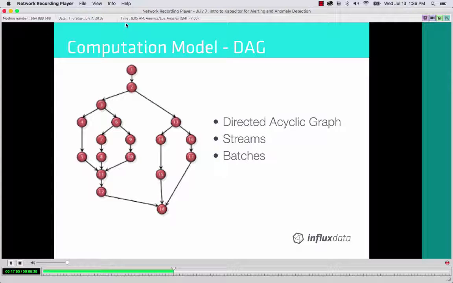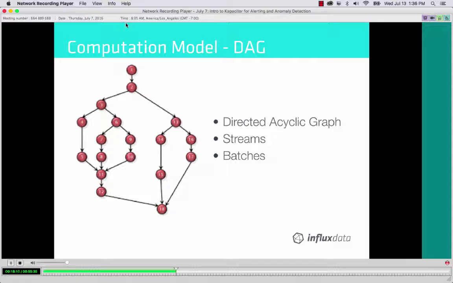As I noted earlier, the Kapacitor computational model is a DAG, which is a directed acyclic graph. If you look at this image that I have off to the side here, you have data that comes in through node 1 and then trickles down in this interesting graph.